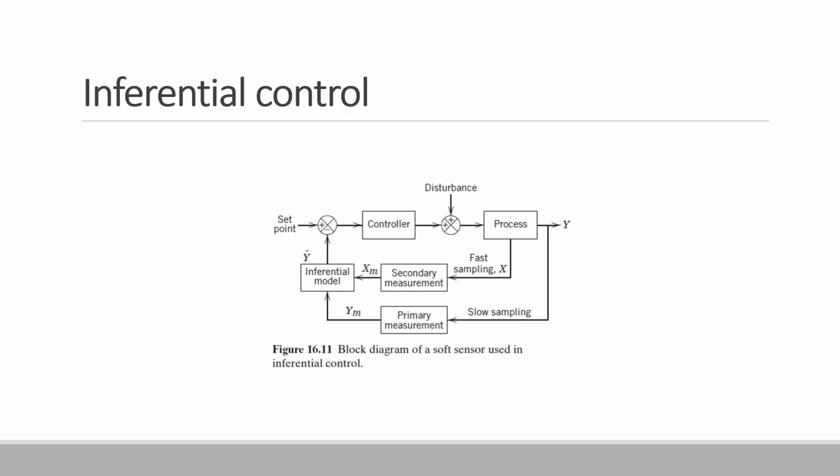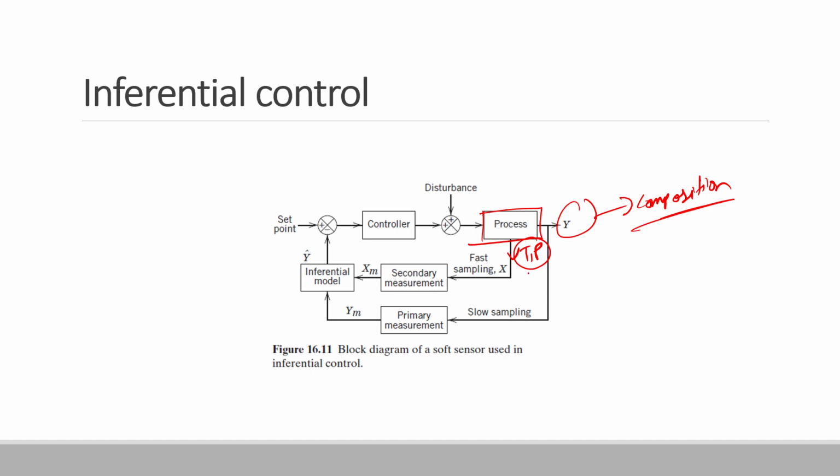Here we have a block diagram of an inferential control. This is the process, and the ultimate output we can call composition. But we can also measure the temperature and pressure of the process. These are fast sampling, so temperature and pressure can be measured instantaneously, whereas composition can be measured via slow sampling.